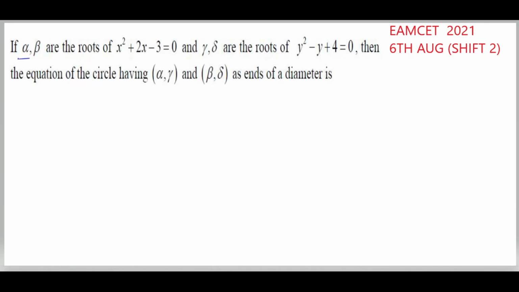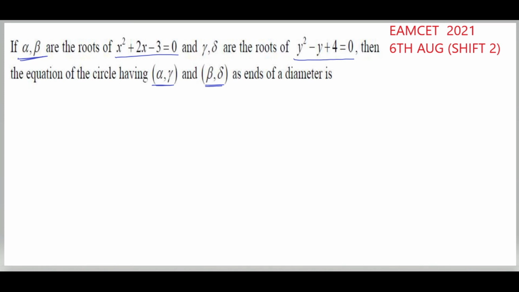If alpha, beta are the roots of x square plus 2x minus 3 is equal to 0, and gamma, delta are the roots of y square minus y plus 4 is equal to 0, then the equation of the circle having alpha, gamma and beta, delta as ends of a diameter is.